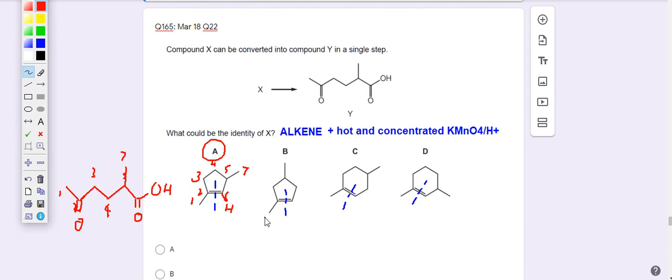Same thing, I'm going to number all the carbons: 1, 2, 3, 4, 5, 6, and 7 here. The ring is going to be broken open, so 1, 2, 3, 4, 5, 6 will become an aliphatic compound.